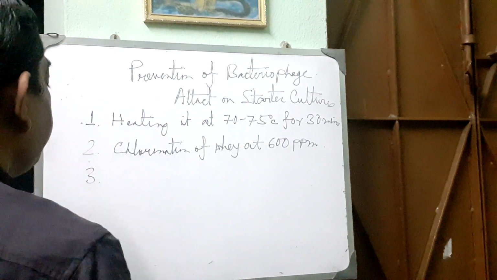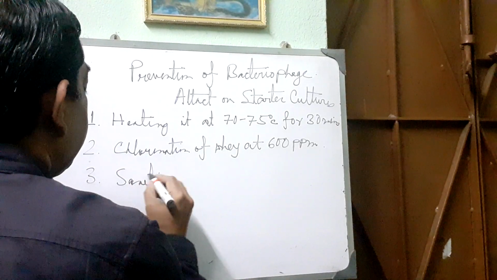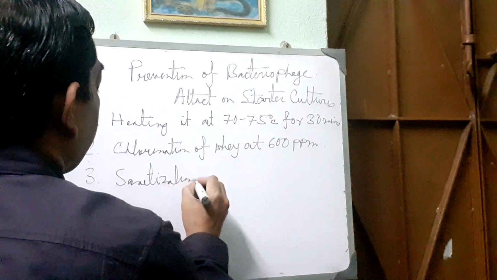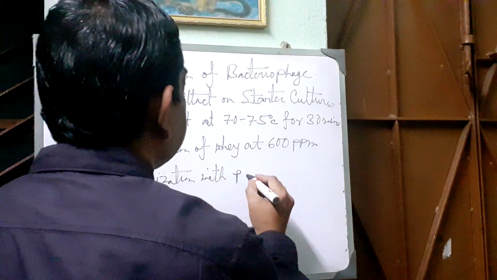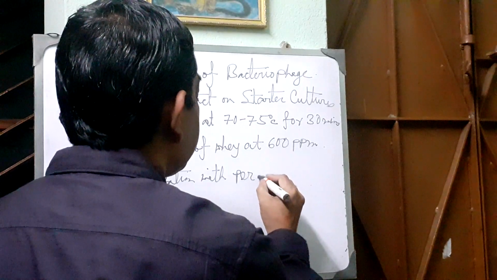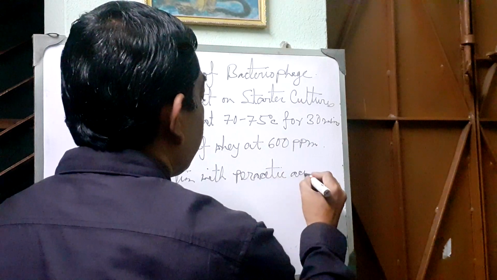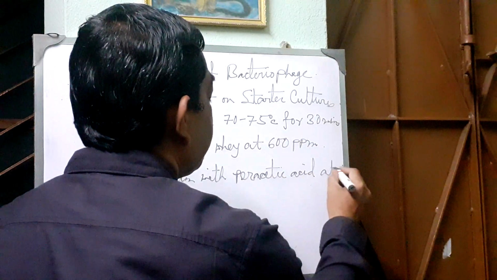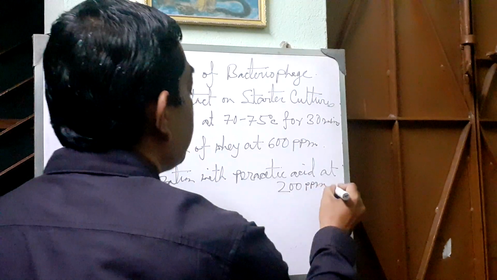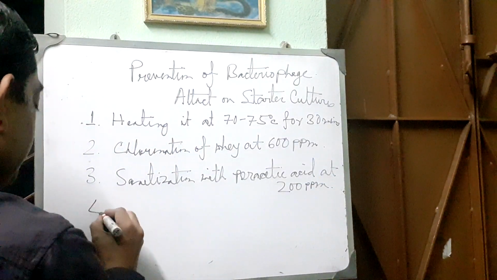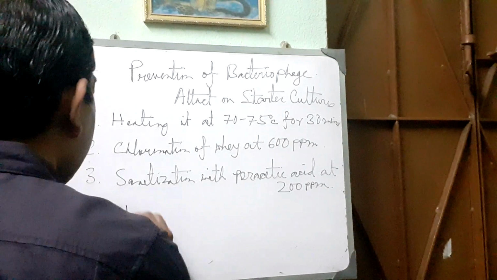Third one is sanitization of equipments or pipelines with peracetic acid at 200 ppm concentration, which will kill the bacteriophage or virus particles. And the fourth one is the rotation of culture.